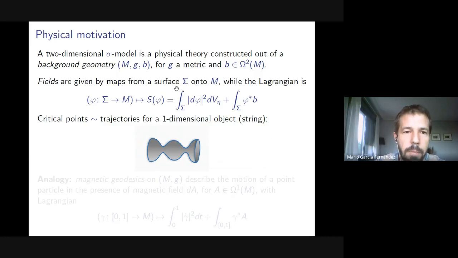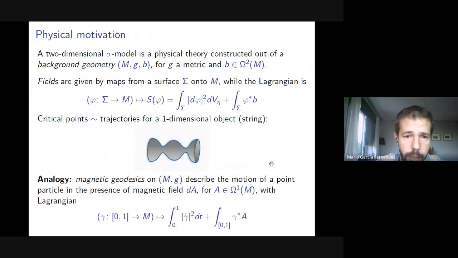So what is the meaning of this Lagrangian, of this action? Well, there is an analogy that you can think of, which is the analogy with magnetic geodesics on a Riemannian manifold. If you have a Riemannian manifold, you can cook up a deformation of the geodesic equation by prescribing an exact two-form, which is thought of as a magnetic field.